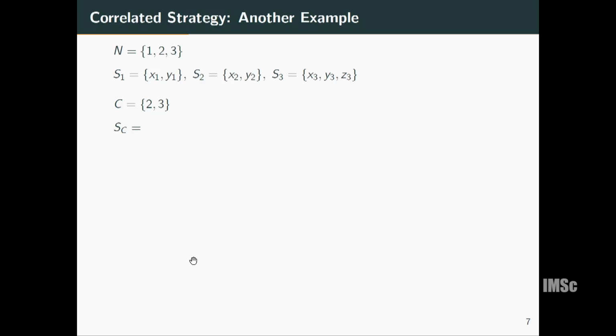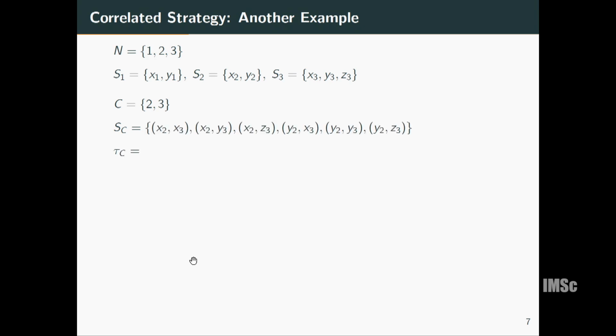Okay, so in this case, for example, if I have N equals 1, 2, 3, this is the strategy set, and C equals {2, 3}. Remember, C represents my coalition. Coalition means, in this particular example, only players 2 and 3 are coming together to cooperate. Player 1 is playing something else.